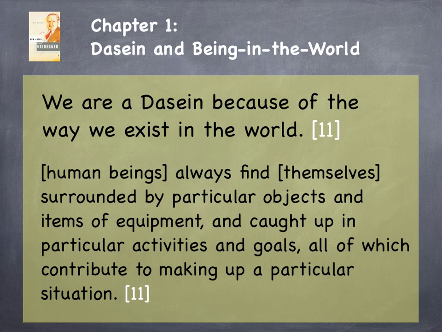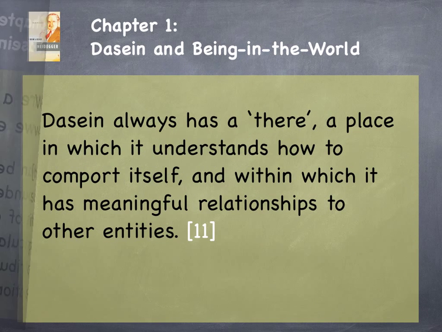Well, Rothel tells us that Heidegger points out that, in other words, Dasein always has a there, a place in which it understands how to comport itself and within which it has meaningful relationships to other entities.